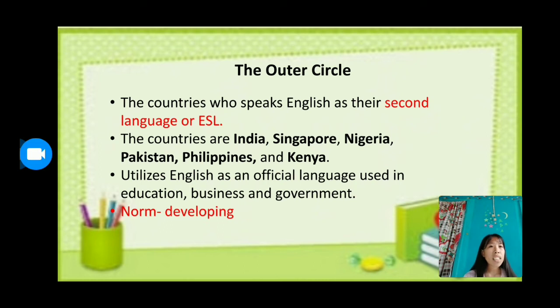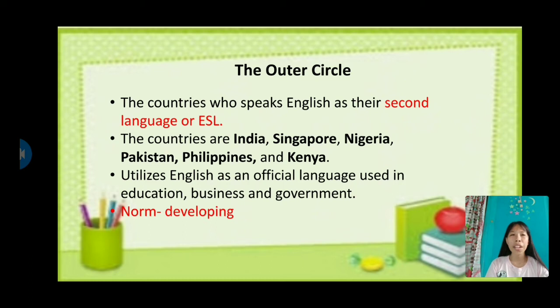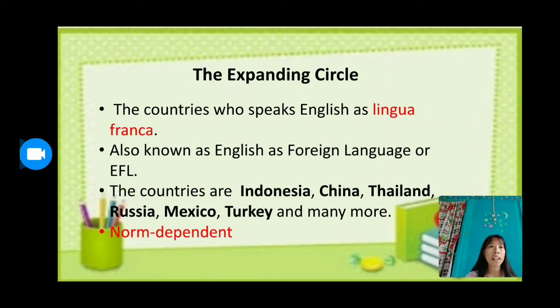Usually, these countries speak English largely due to historical reasons. For example, the Philippines, we know that we've been colonized by the Americans. That is why we learned to speak English and we use it as our language in business. This circle is considered norm developing because the norms produced by the inner circle are further developed and reproduced by the outer circle.